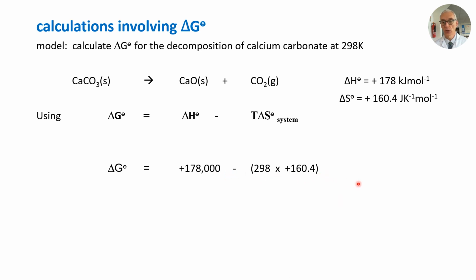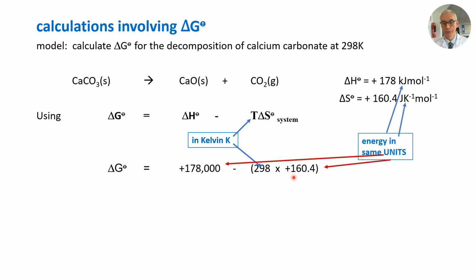Now where do those numbers come from? Most obviously the temperature is in Kelvin. So 298. In some A-level questions you might be expected to convert from Celsius. Then 160.4. Well, plus 160.4 is in joules. I must have delta H and delta S in the same units of energy.